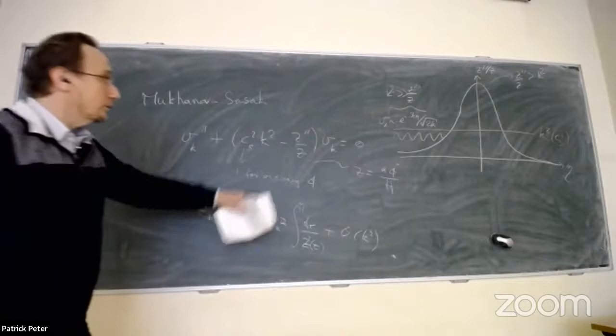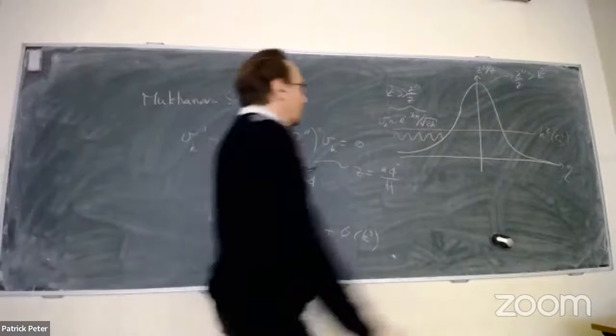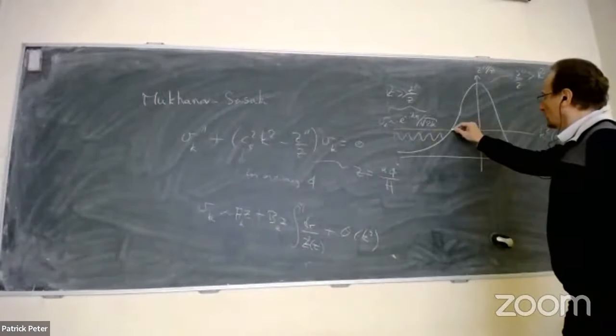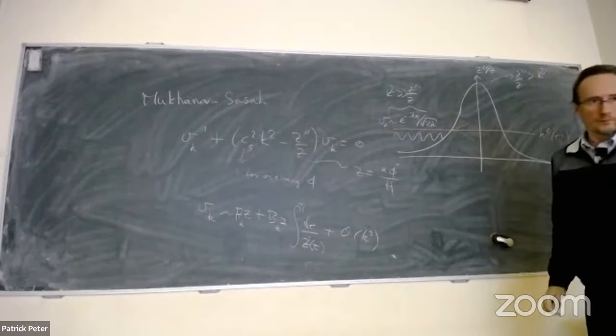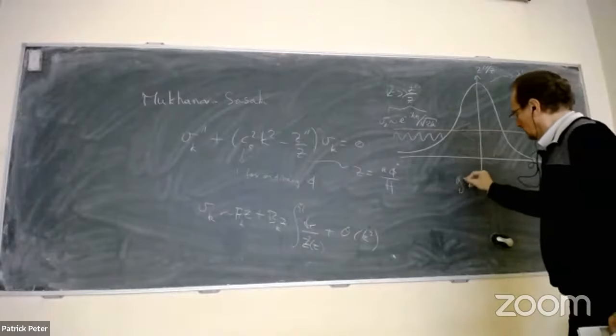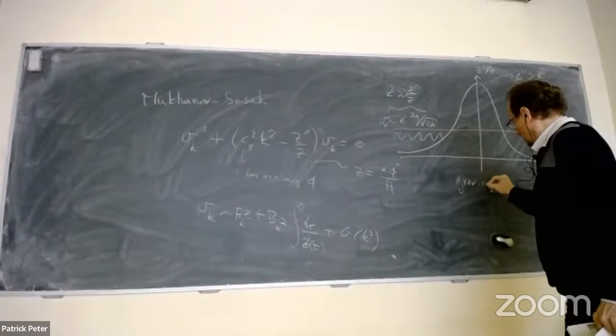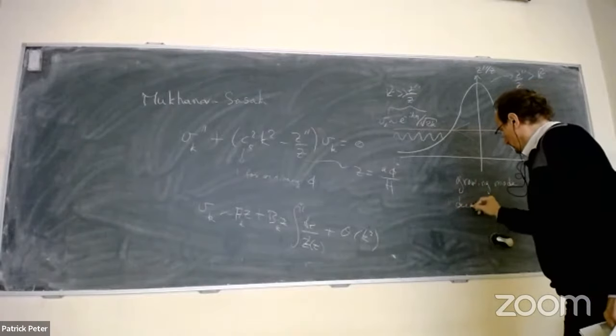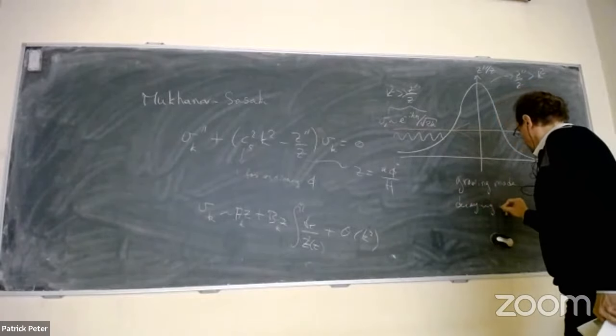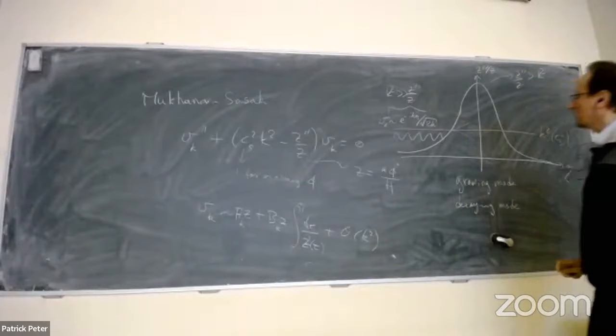So you can plug that in and look at what they look like, and you see that essentially one of them is growing, the other one is decaying. You have a growing mode here and a decaying mode, right?